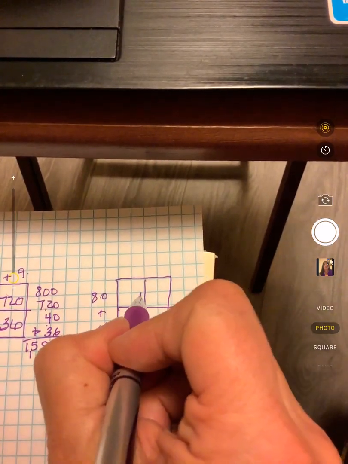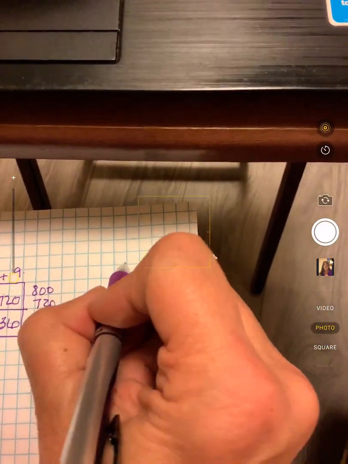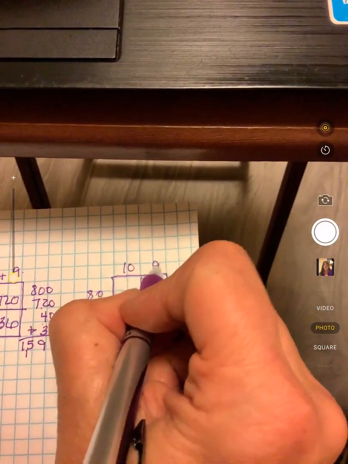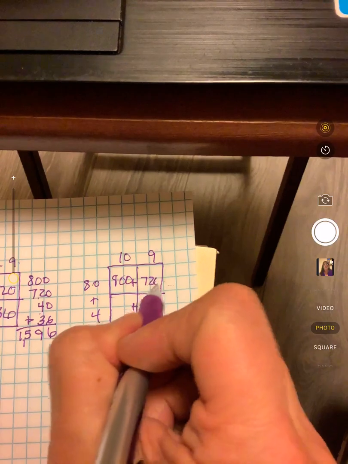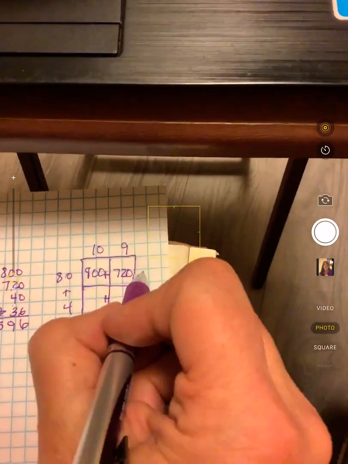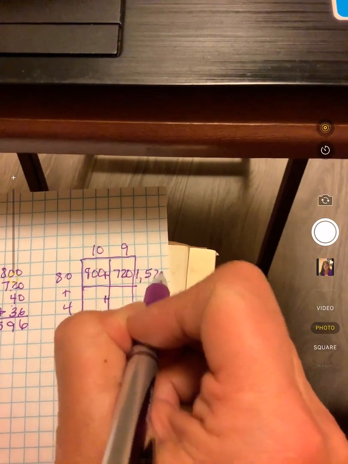And remember, this is going to be plus across, plus across. Okay, here's our 800. Here's our 720. And we add that, we get 1,520.